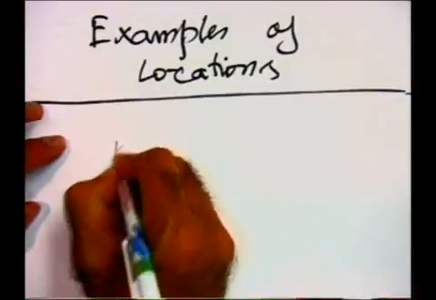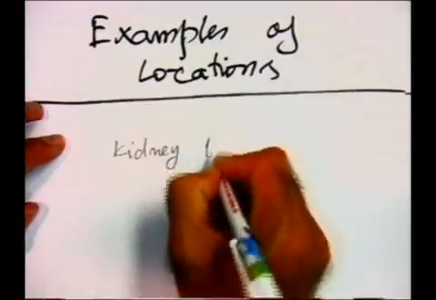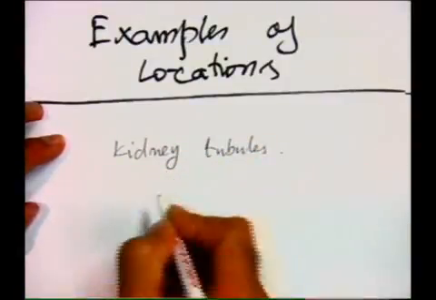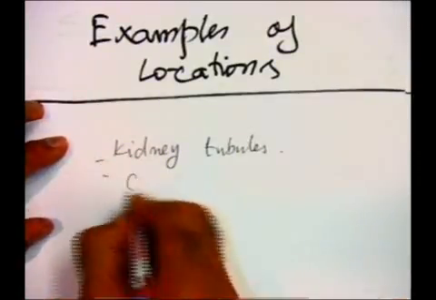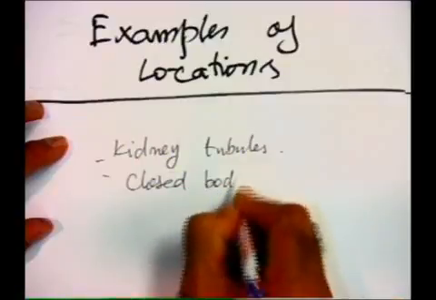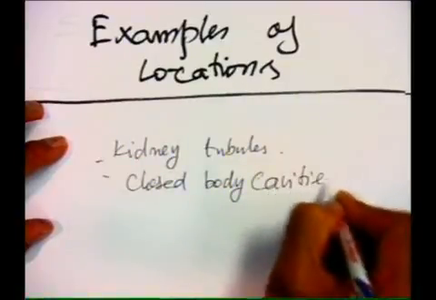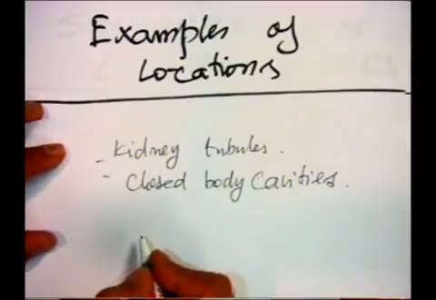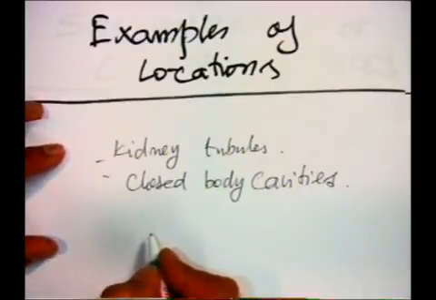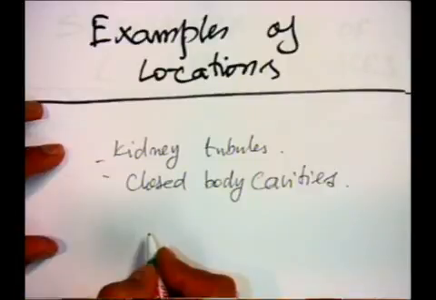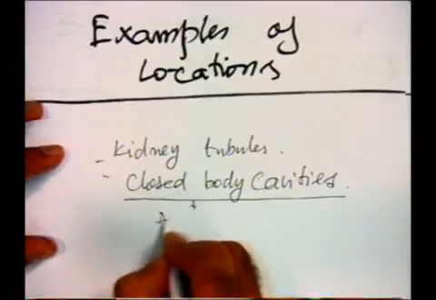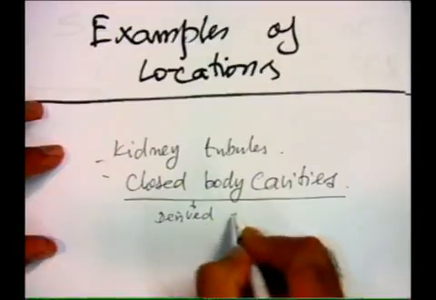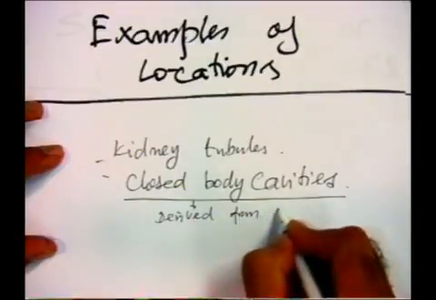It is present in the kidney tubules, okay, and the closed body cavities, okay, and mesothelium, that is the derivative, and the lining of vessels, we call it endothelium. The closed body cavities, this is derived from mesothelium.